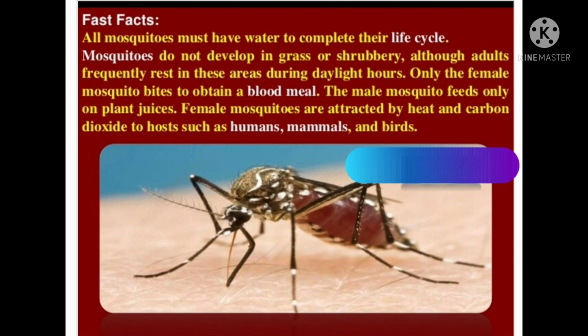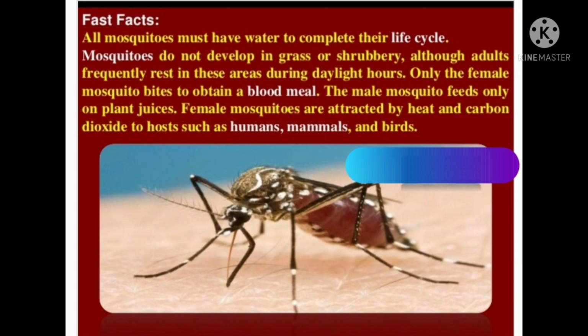Female mosquitoes are attracted by heat and carbon dioxide to hosts such as humans, mammals, and birds.